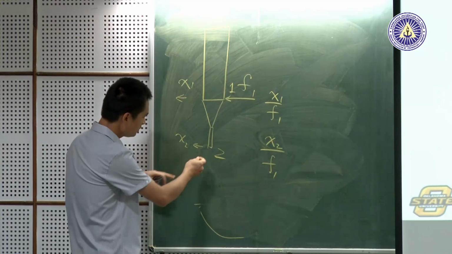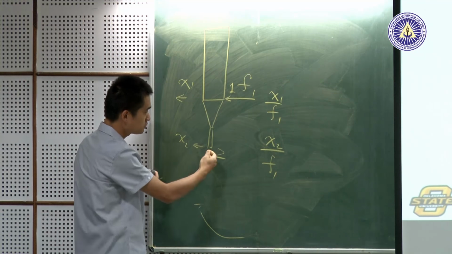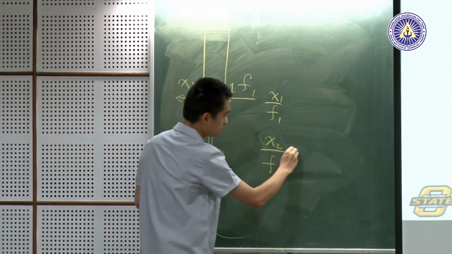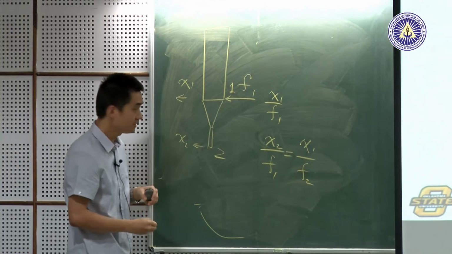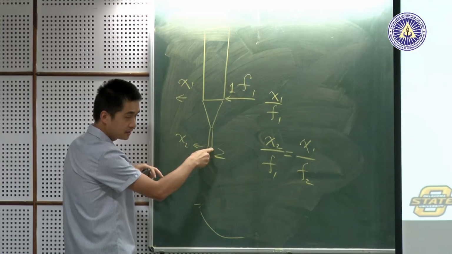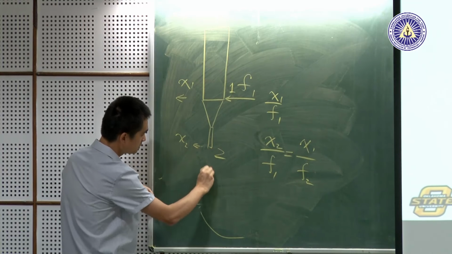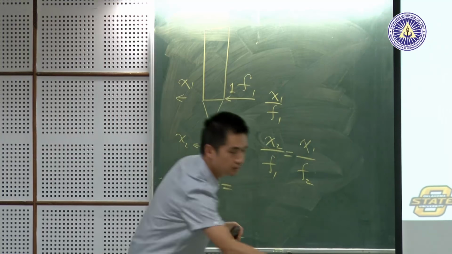We know there's a so-called reciprocity principle. It means for a linear structure, X2 over F1 should be equal to X1 over F2. But now we are trying to see, if the force happens here and the response is here, we want to get X2 over F2.